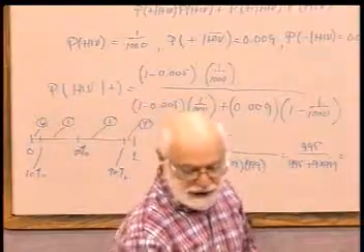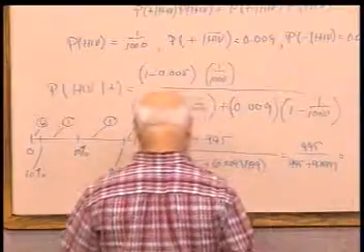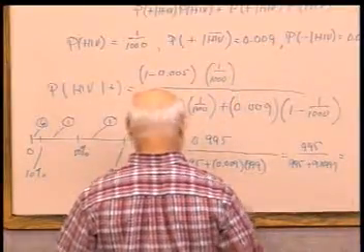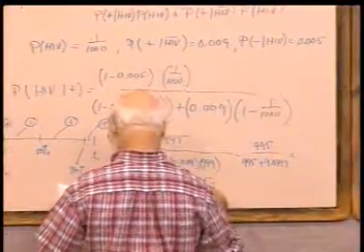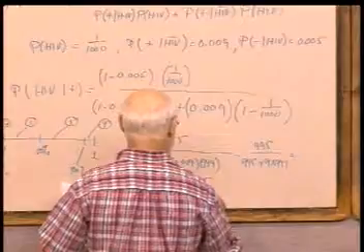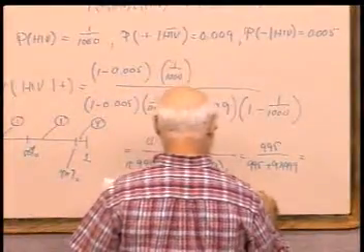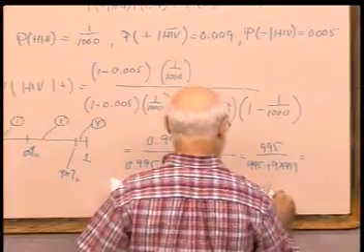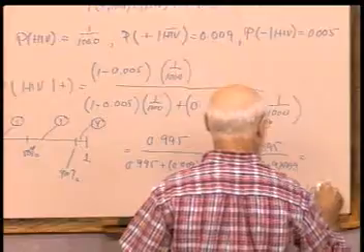And then if I put this on my calculator, that thing turns out to be equal to, according to my calculations here, 995 divided by 9986, which is equal to 0.0996, which is slightly less than 10%.